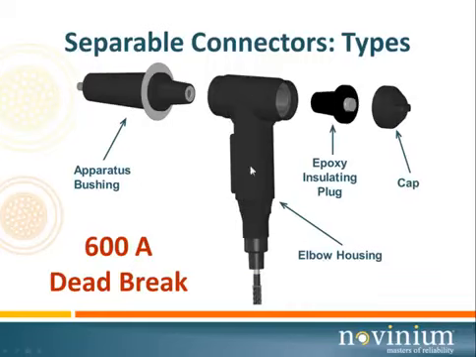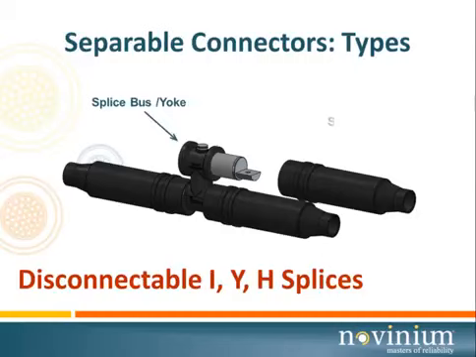By the way, we call it an elbow, even though the shape is far from an elbow shape, but since the 200 amp load break and dead break elbows were the first systems, that name sort of hung around. The disconnectable joints, again, these are not in the current standard, but they are almost definitely going to be in the next revision. They consist of a spliced body or a yoke and a sleeve or receptacle.